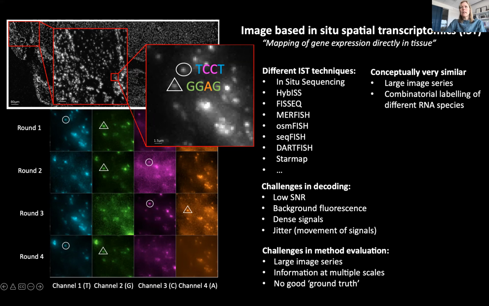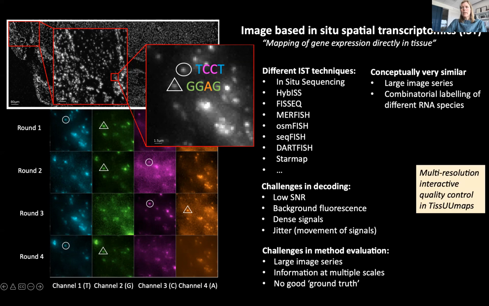And the tricky thing is then the evaluation of these different decoding methods, mainly because of these large image series and information at multiple scales. And it's very often difficult to have a really good ground truth. So this is where Tissue Maps can be really useful to explore the quality at multiple resolutions.